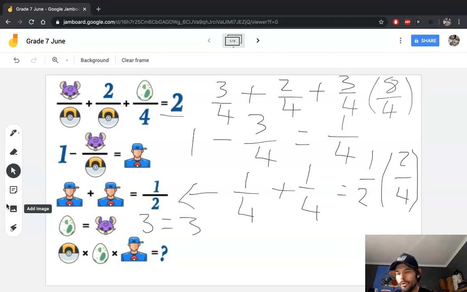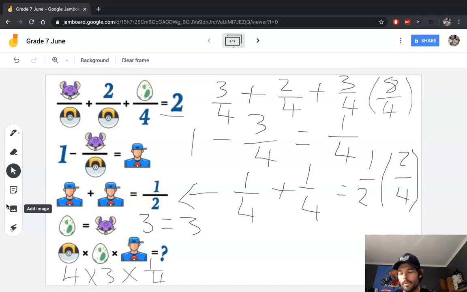So now all we need to do is go 4 multiplied by 3 multiplied by a quarter, okay? And remember, the commutative law of multiplication says you can multiply in any order and you'll still get the same answer. So for me, I would say 4 multiplied by a quarter first. That gives me 1.